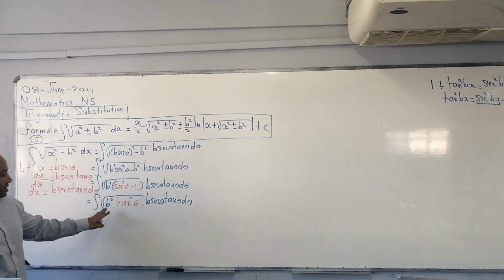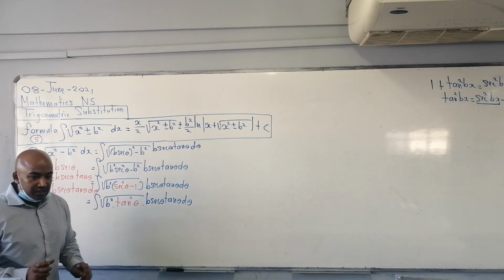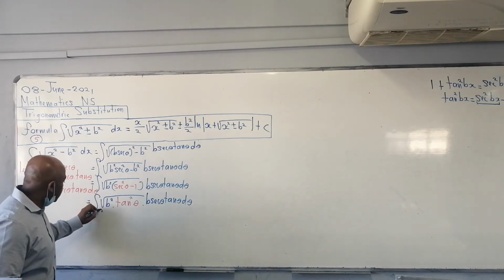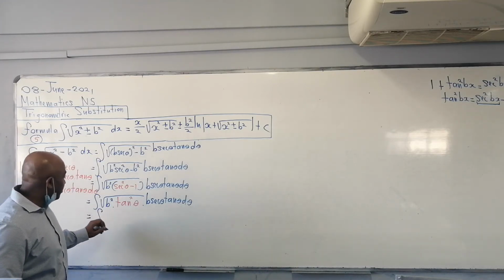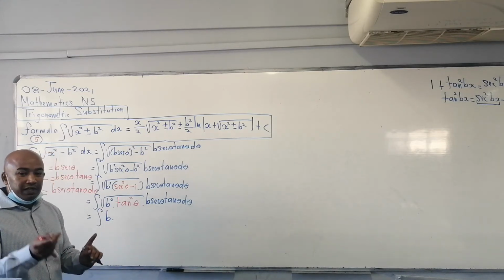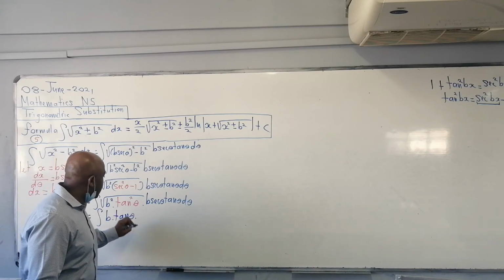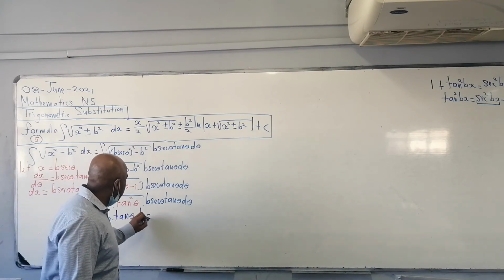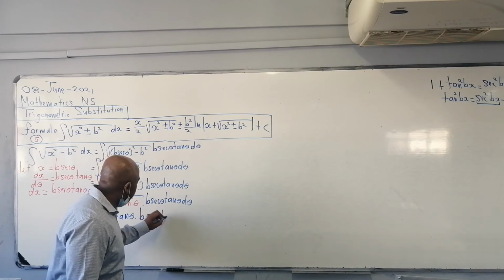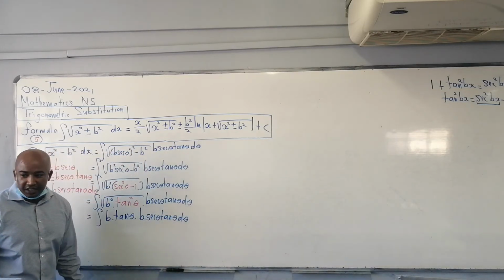Now, there's no plus, there's no minus sign separating, so I can find the square roots. So this is equal to, the square root of b squared is b, the square root of tan squared, remember there's two possibilities, we're only taking the positive, so I'm going with just tan theta. Then I have b times sec theta tan theta d theta. Now it's all about integration.